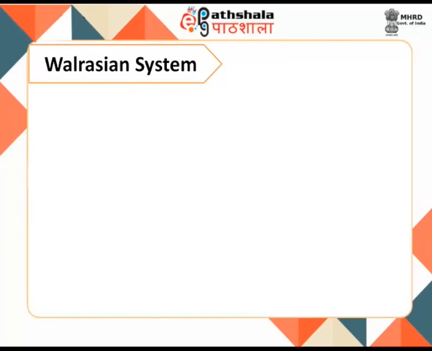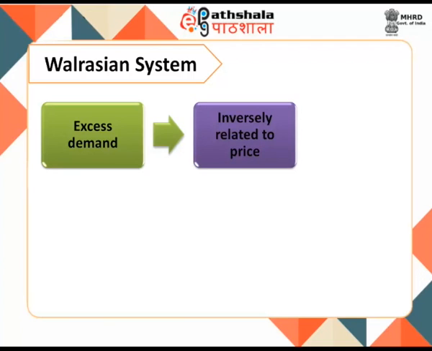The Walrasian system asserts that the excess demand is inversely related to price. The excess demand price is defined as the difference between the price that buyers are willing to pay and the price that sellers are charging for a given quantity.